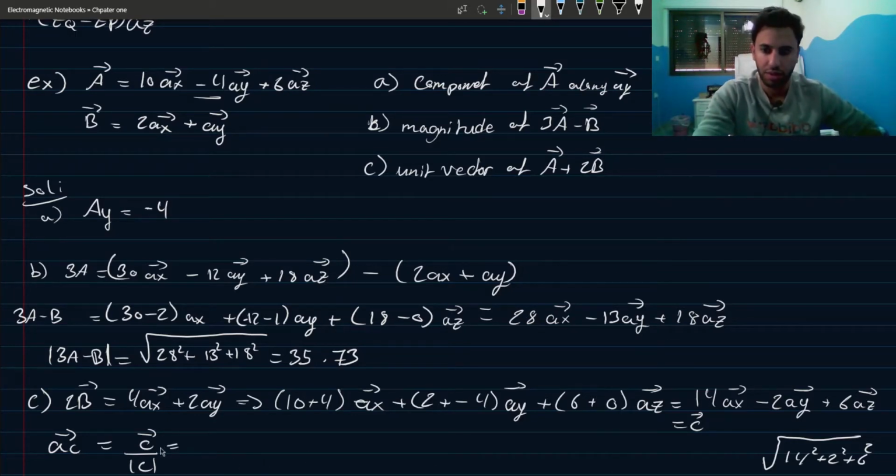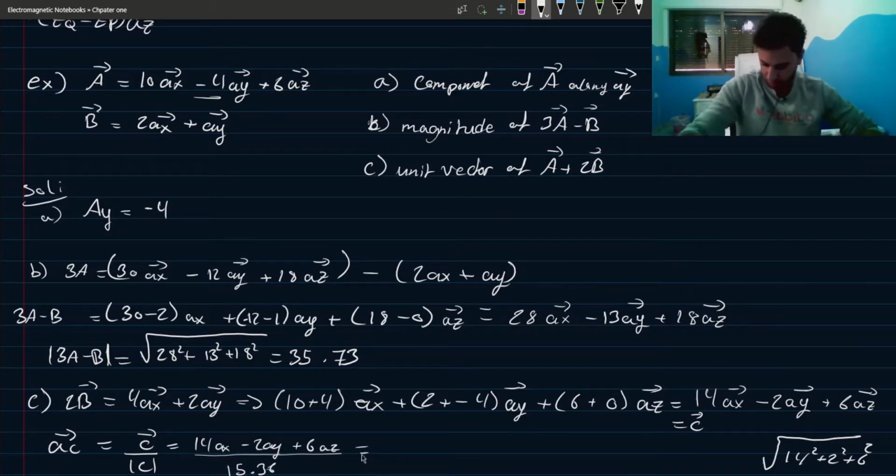So the vector C, 14 AX minus 2 AY plus 6 AZ, divided by 15.36.